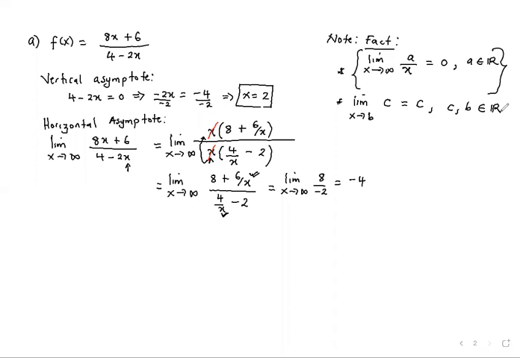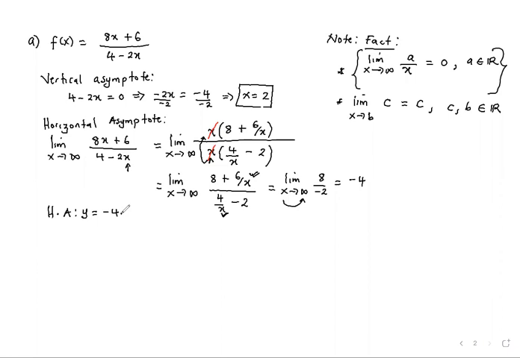So that's the reason why as x goes to infinity of the constant -4, we still get the answer -4. So the horizontal asymptote is the line y is equal to -4.